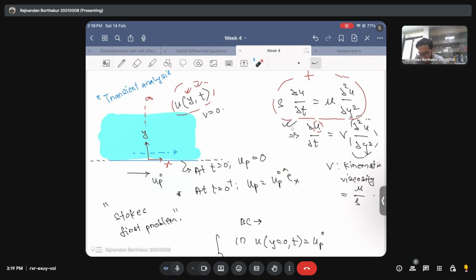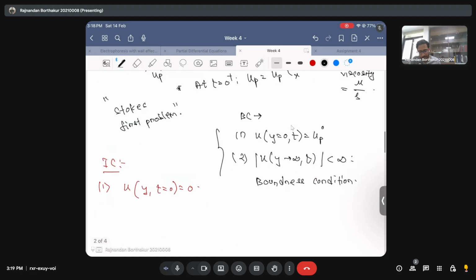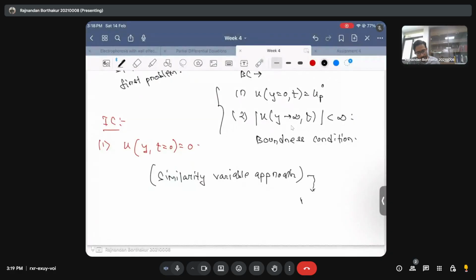So that's the reason why, when you look into the solution of this problem, you use something known as a similarity variable approach, where, if you recall, you define the similarity variable, which I believe you denoted as eta, and you say that eta is a function of both y and t.